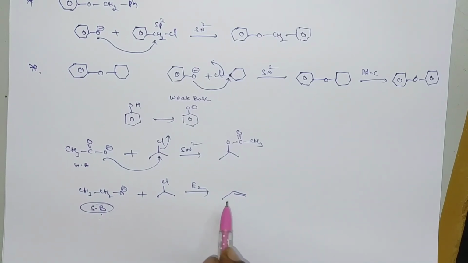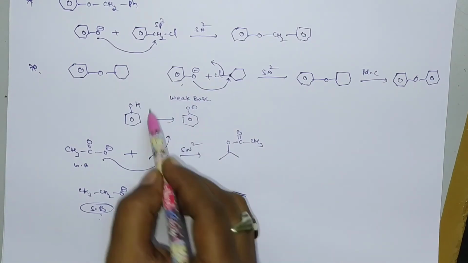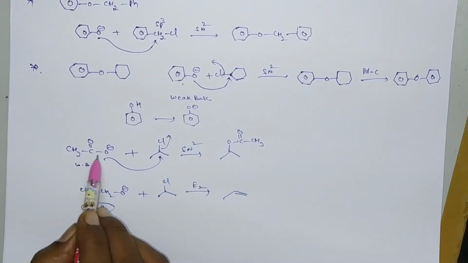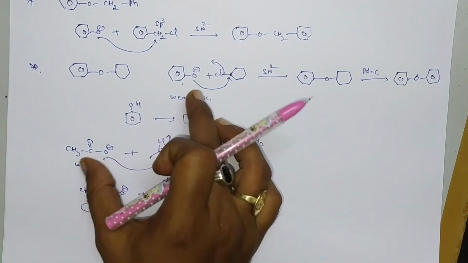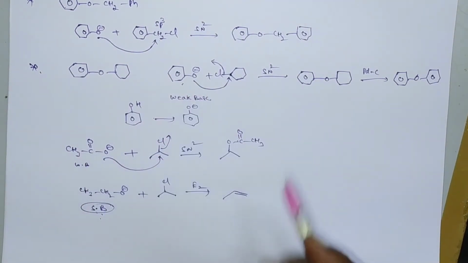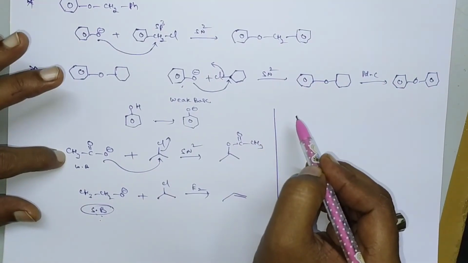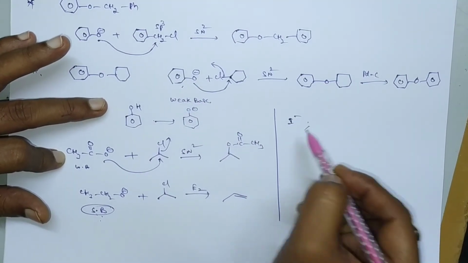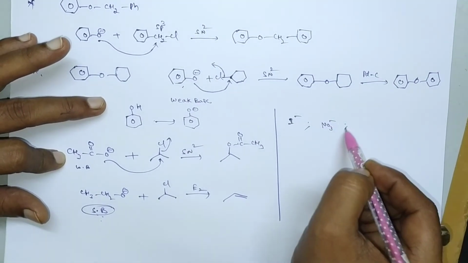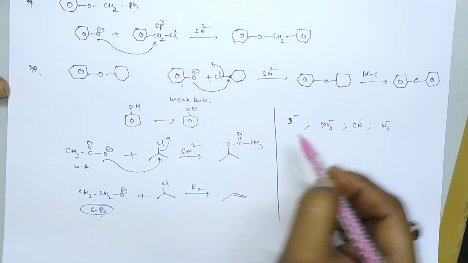Okay, so here also the phenoxide ion is there. So in presence of phenoxide ion or acetate ion, these are weak bases. So let us consider some more weak bases. The weak bases are acetate ion, phenoxide ion, and also I-, NO3-, CN-, azide N3-, and HSO4-.